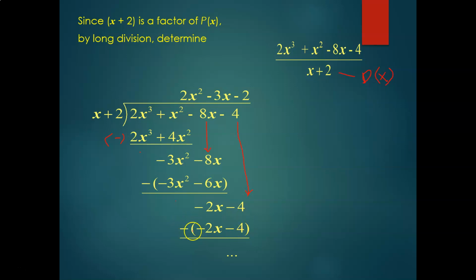So, kita tolakkan dia. We subtract this thing. You get 0. You get nil. The remainder equal to 0, okay? Which mean that this one is a factor. Dia terbukti lah, it is proven that x plus 2 is a factor of this polynomial.